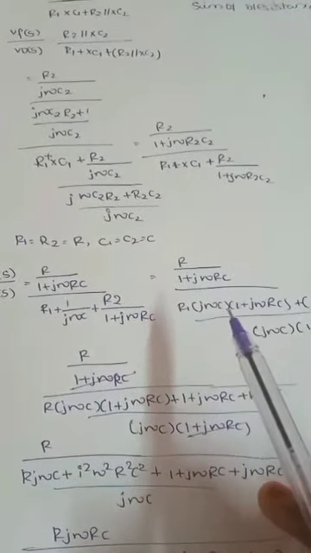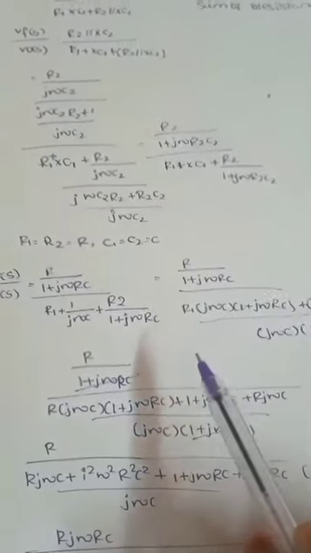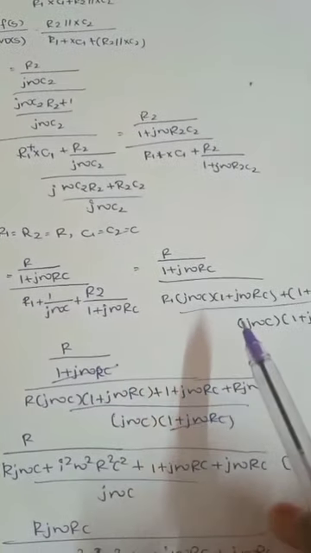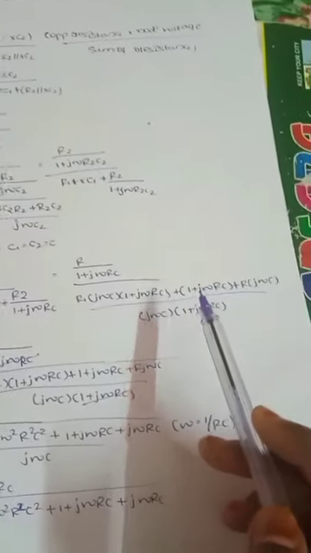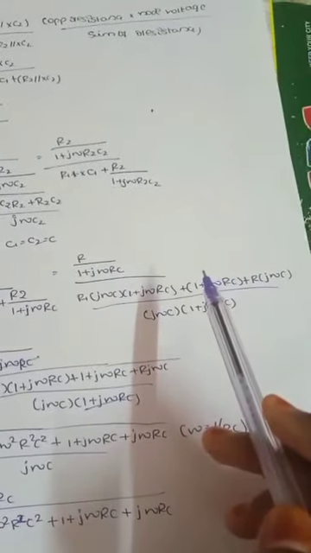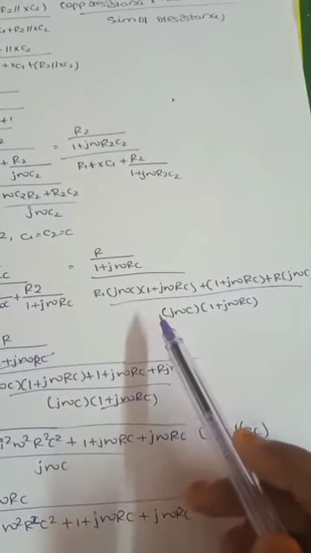This equals R by 1 plus j omega RC, divided by R times j omega C times (1 plus j omega RC) plus 1 plus j omega RC plus R times j omega C, all over j omega C times (1 plus j omega RC).